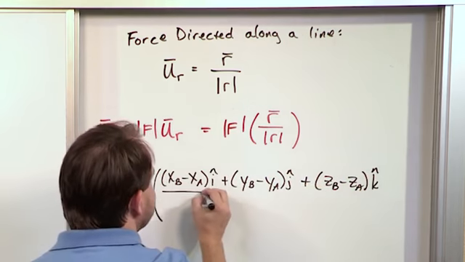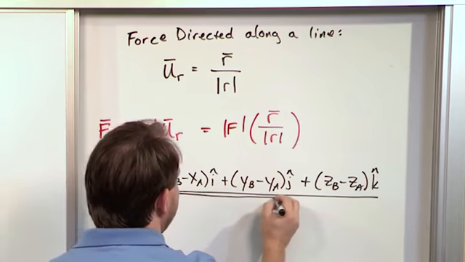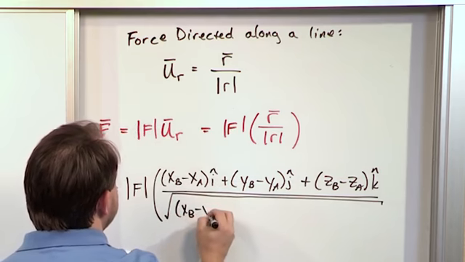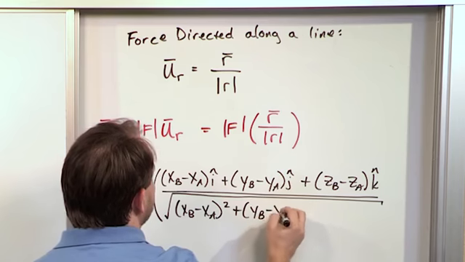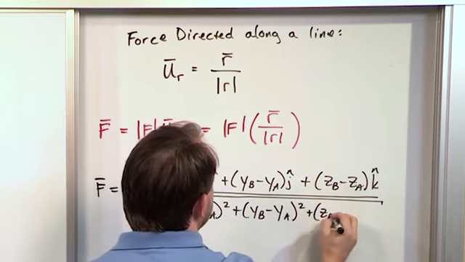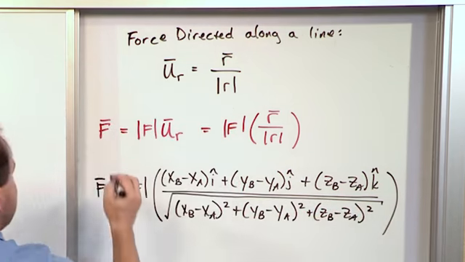And I'm going to divide this entire enormous thing by something else that's enormous. It's going to look very scary, but I promise it's not going to be scary. You have the square root of xb minus xa squared plus yb minus ya squared plus zb minus za squared, like this.